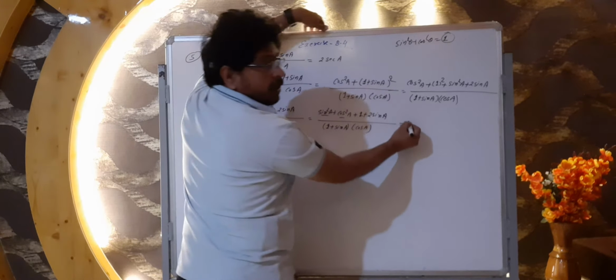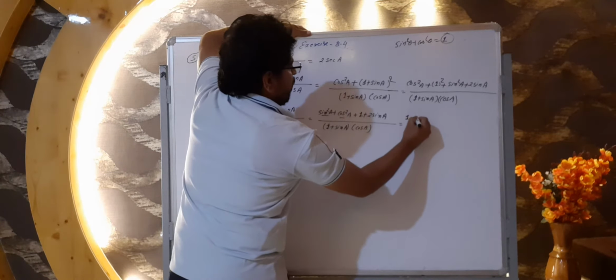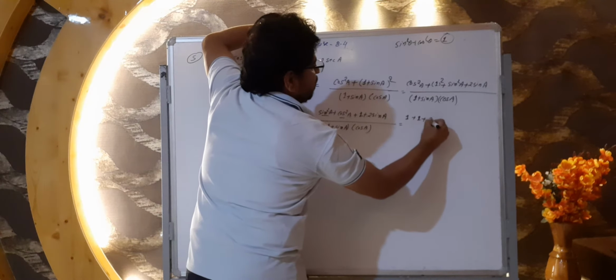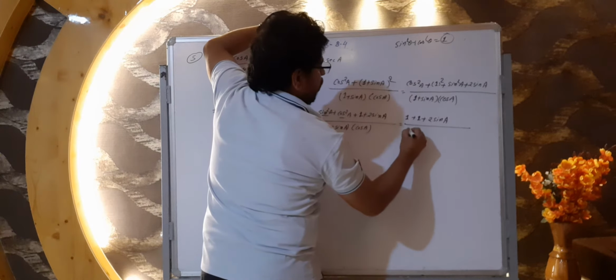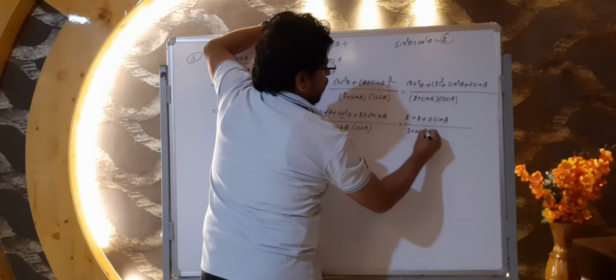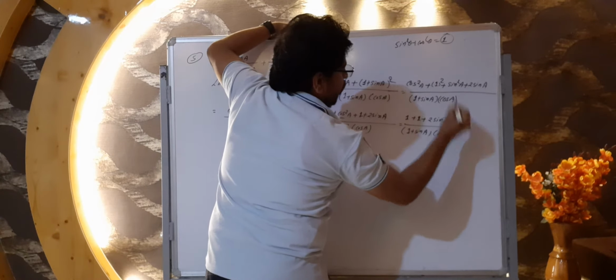So what would be our next step? Next step, 1 plus 1 plus 2 sin A upon 1 plus sin A and cos A.